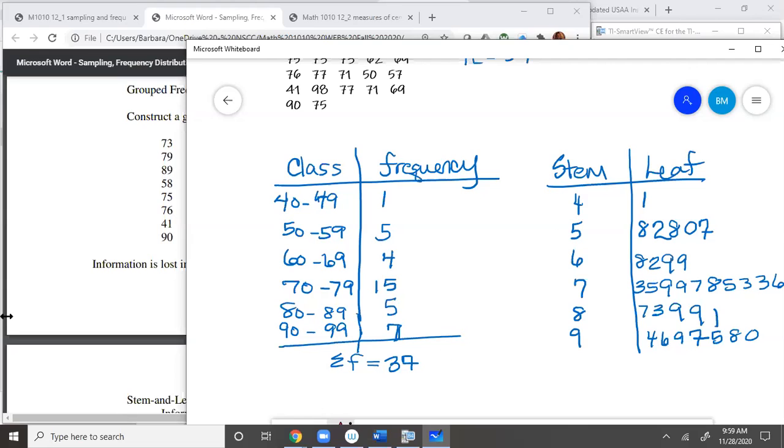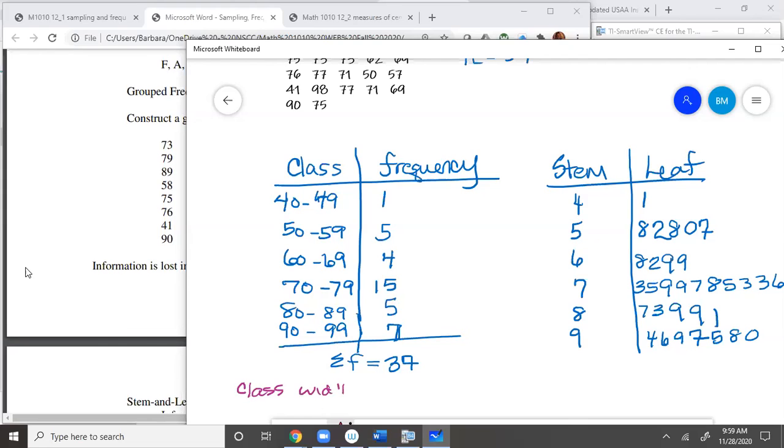You can take any two lower limits of consecutive classes and subtract them, and you will have the class width.